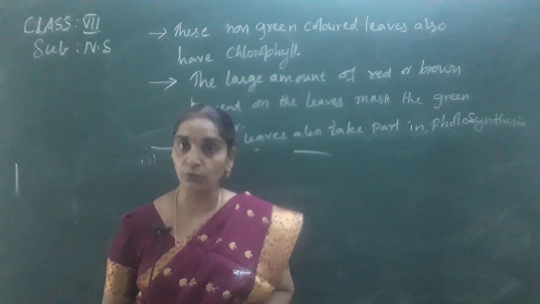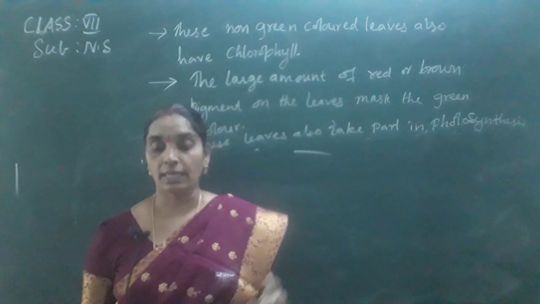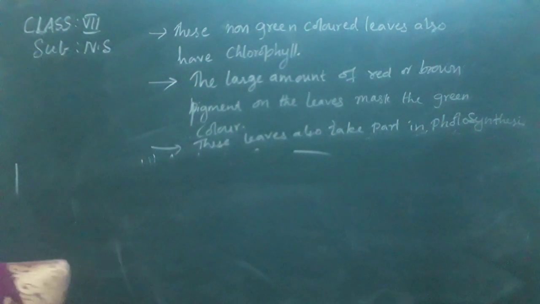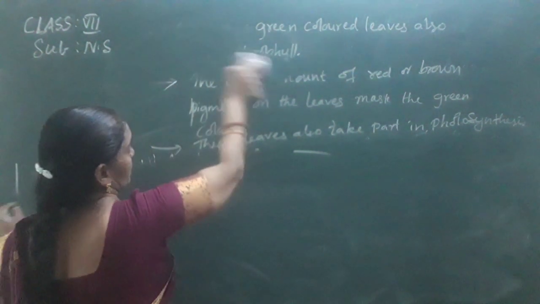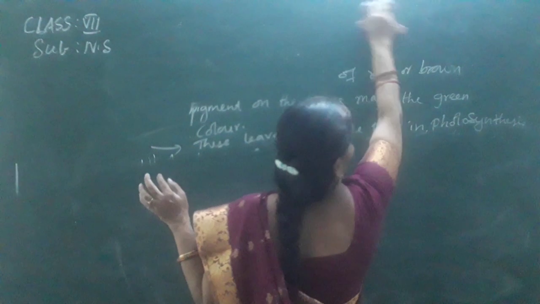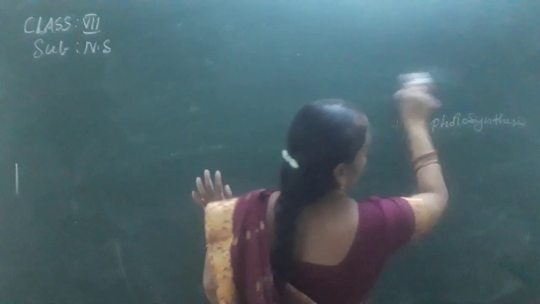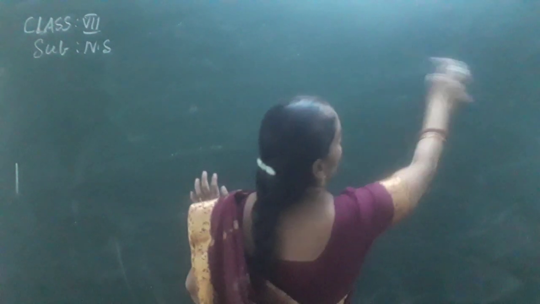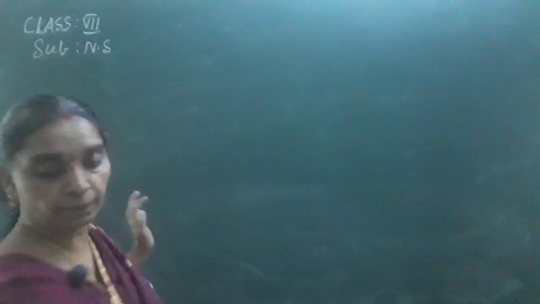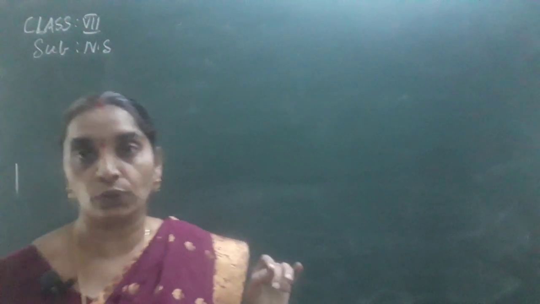Light is essential for photosynthesis or not. Carry on this. Sunlight is the source of energy in the process of photosynthesis. What is photosynthesis? Preparation of food by the plant. Preparation of the food by the plant is called photosynthesis.